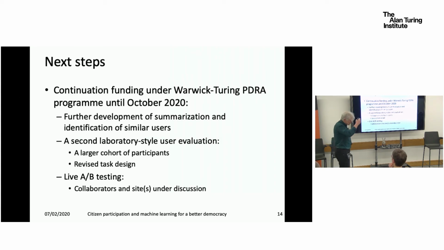And finally, of course, we would very much in the foreseeable future, within the context of this continuation work, be able to test the enhanced version in a live setting. And we are in discussions with various possible partners which may enable us to do that. So this would be perhaps in the style of A/B testing.